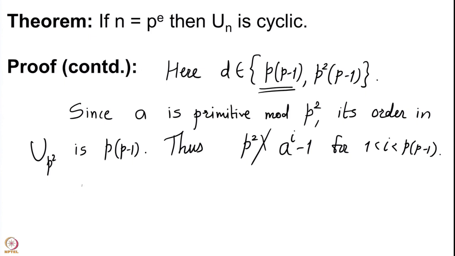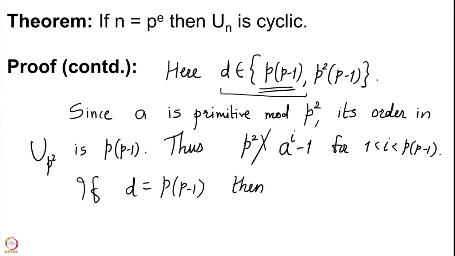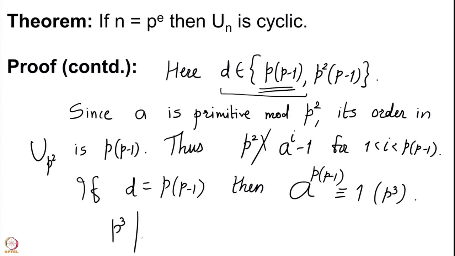And now assume that D is P into P minus 1. Then remember this is the order modulo P cube, then you have that A power P into P minus 1 is congruent to 1 modulo P cube. So it tells you that P cube divides A power P into P minus 1 minus 1.